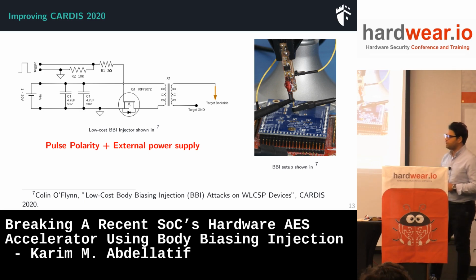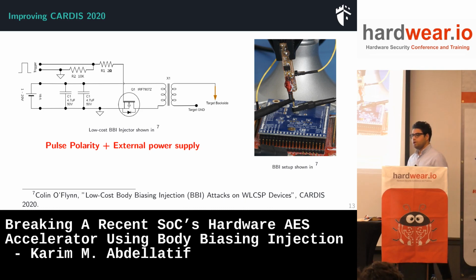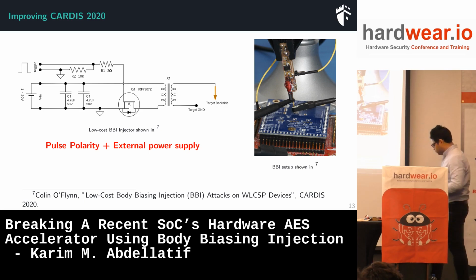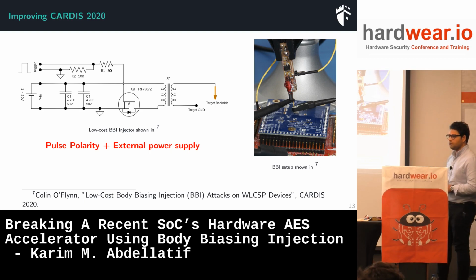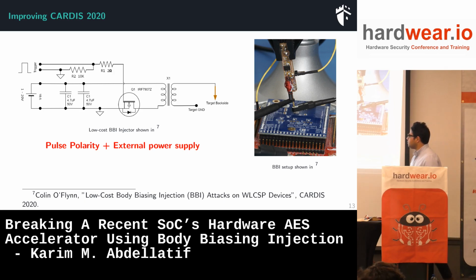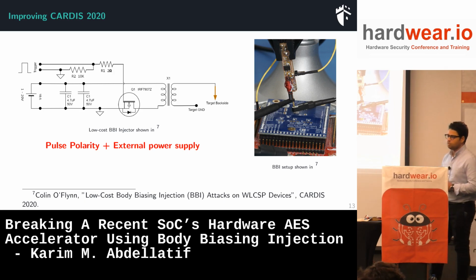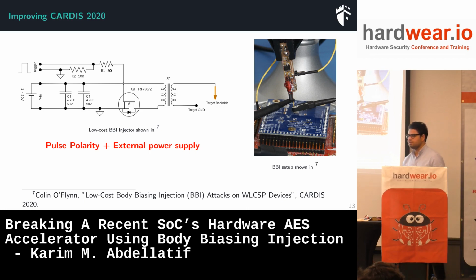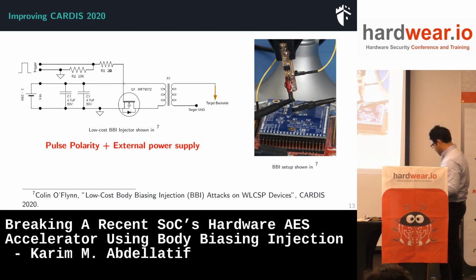Also, you can find some points on the surface of the chip which are vulnerable to the positive pulse, and other points which are vulnerable to the negative pulse. So I'm going to solve this problem in the design of Colin, because it doesn't support this flexibility. Also, I'm going to add an external power supply to make the setup more portable. Just plug it into the USB itself, and you don't need an external power supply.